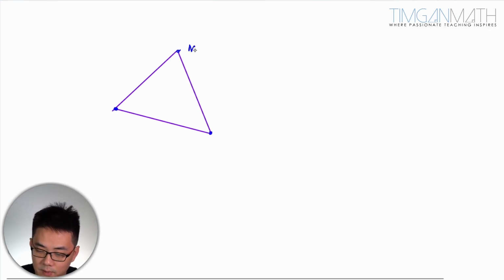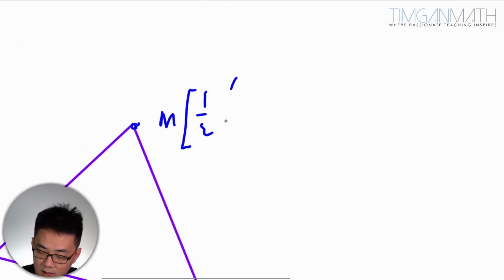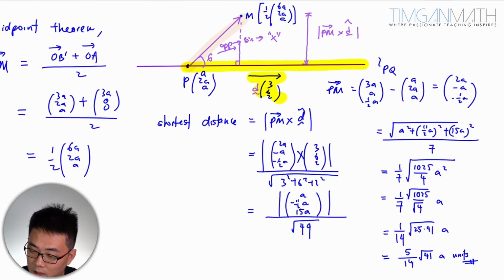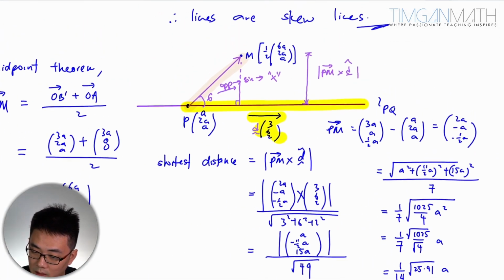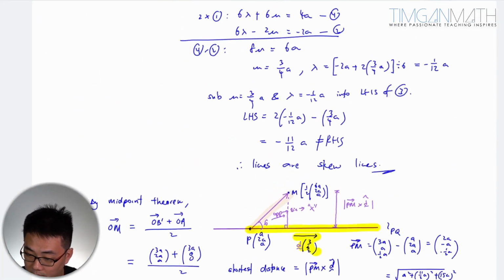So M is half something. Let me check. M is actually half 6a, 2a, and a. Okay, great. Then we have got P. What's our P?